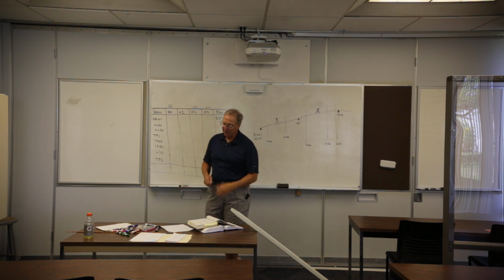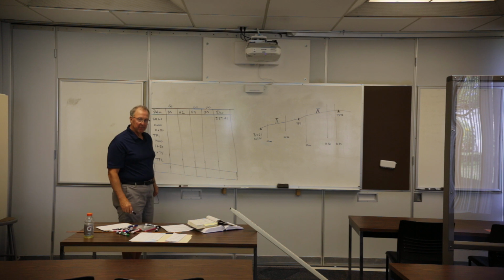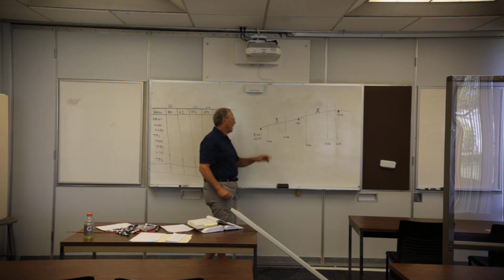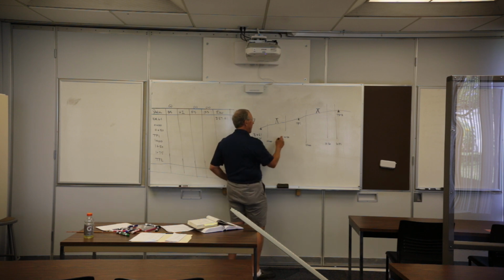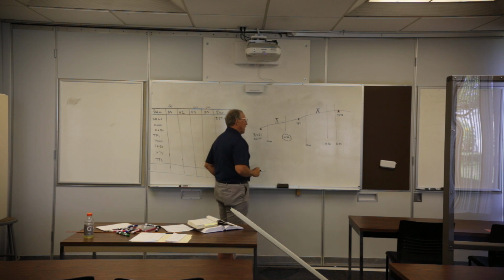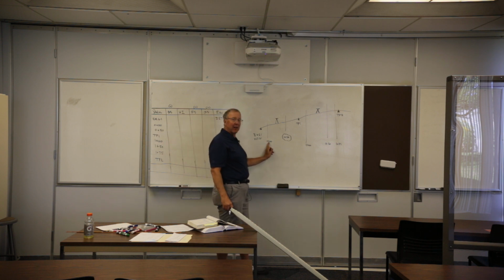Okay, what do the stations mean? First one's arbitrary, typically. 0 plus 00. This is a notation that's standard. It's a station notation. The notation means that the first number is the number of 100 feet. The second number is the part of 100 feet. So if I was standing here and I wanted to go to station 0 plus 50, I would be going 50 feet.